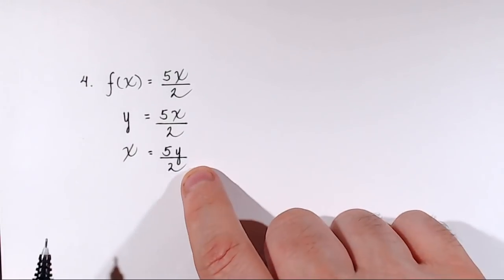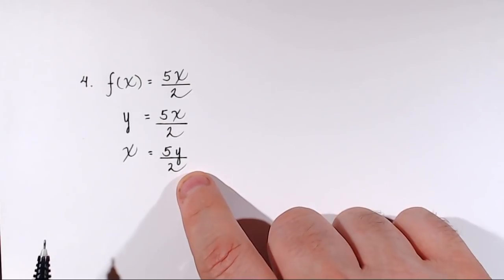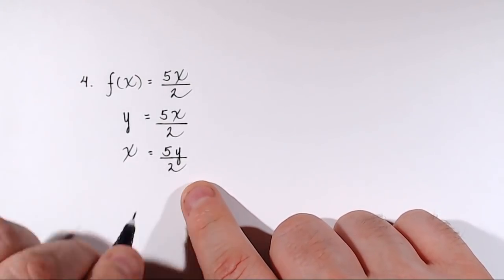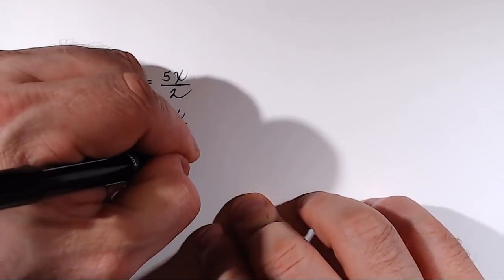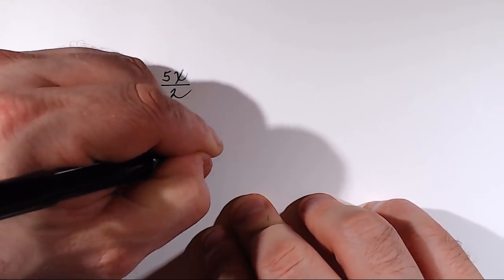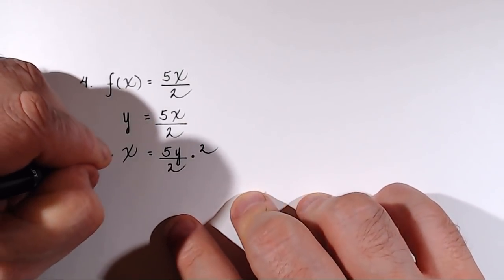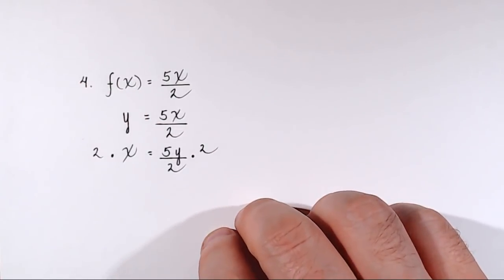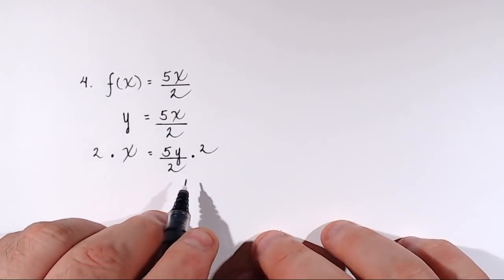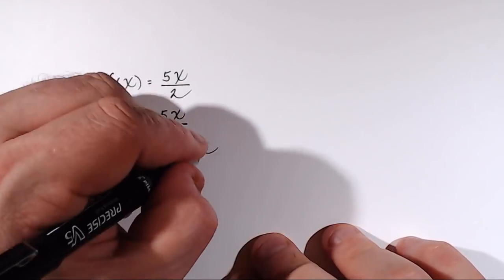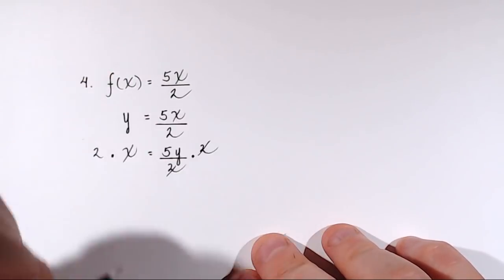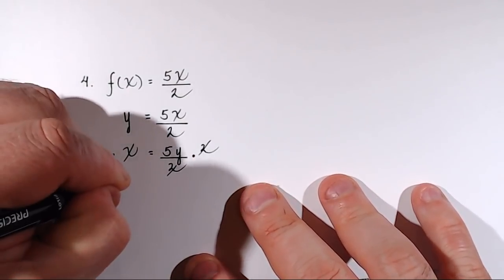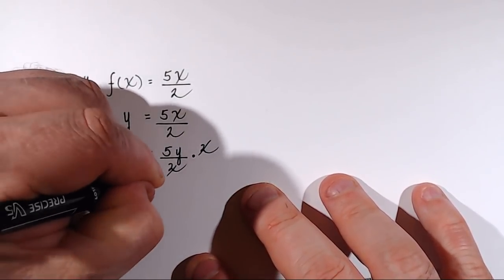So how would I rid myself of the 2 in the denominator? Well, because 5y is divided by 2, I can multiply by 2 as long as I keep the equation in balance by doing the same thing on both sides. The wonderful thing about multiplying by 2 on the right side is it cancels out the 2's. And now I'm left with 2x equals 5y.